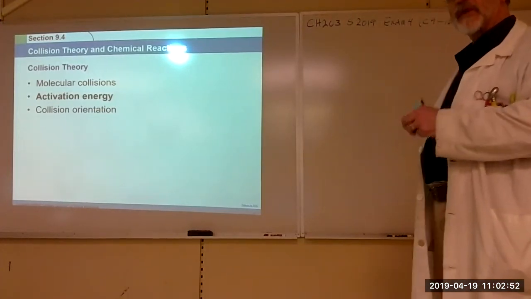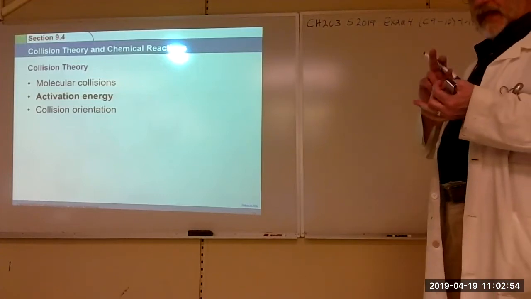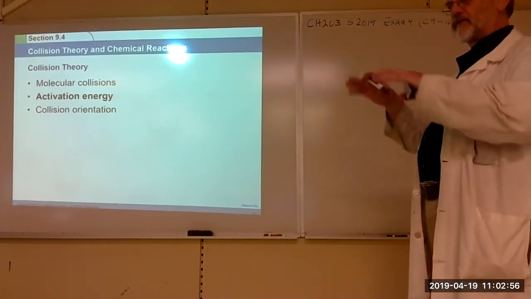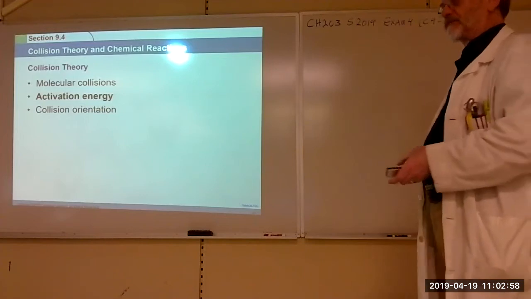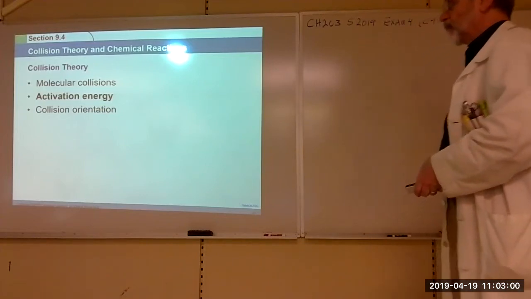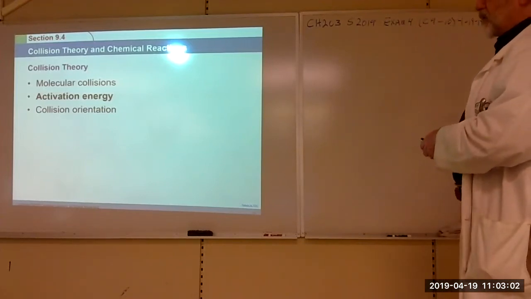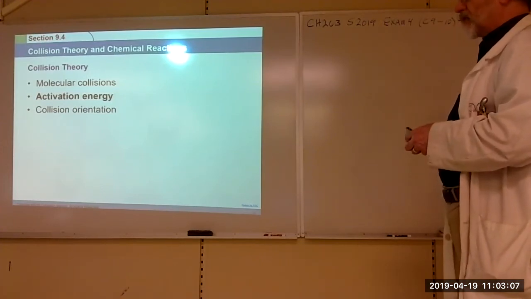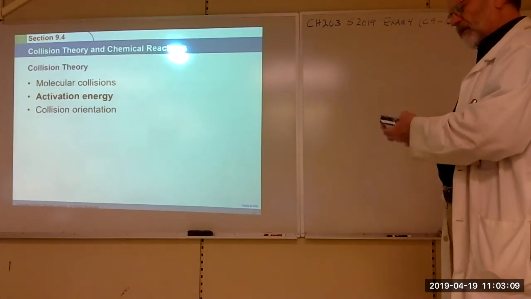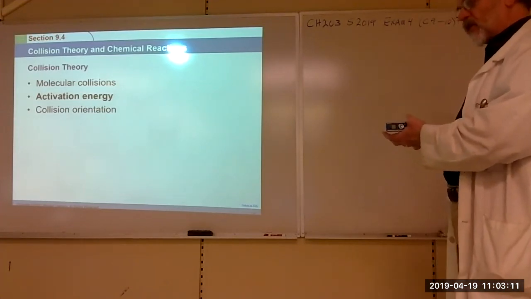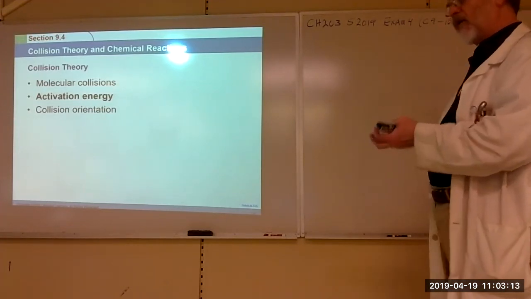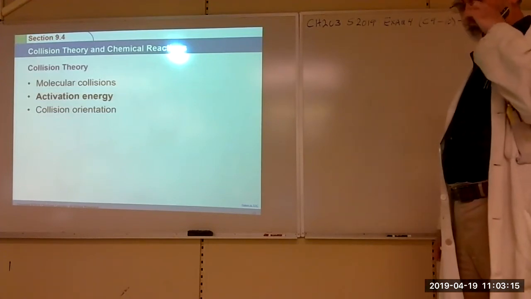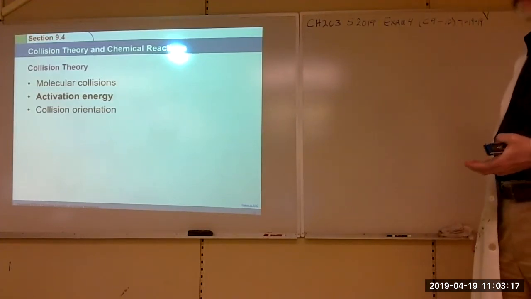Theories always have an explanation of why and a model to show us how that happens. This model, the collision theory for chemical reactions, does a pretty good job of explaining how a chemical reaction occurs and why it occurs, or why it doesn't occur as frequently as we would expect.